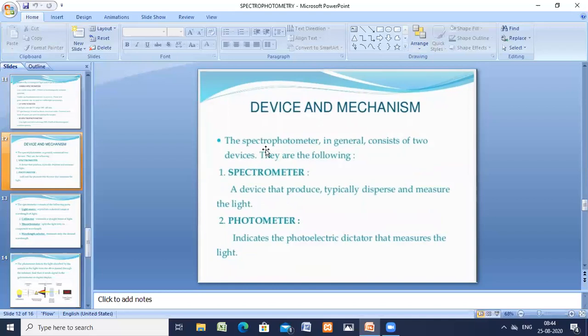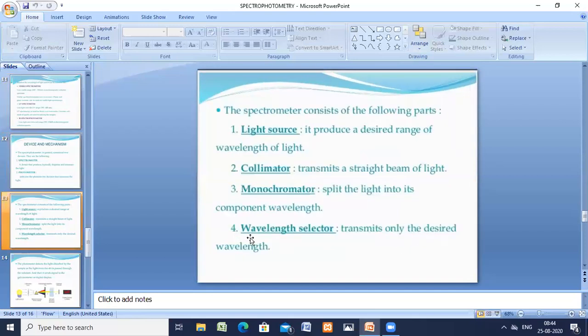Here, the mechanism also we have seen. It is generally two devices, the spectrometer and the photometer. The spectrometer produces, typically disperses, and measures the light. The photometer has a photoelectric detector that measures the light. It consists of the light source, collimator, monochromator and wavelength selector.